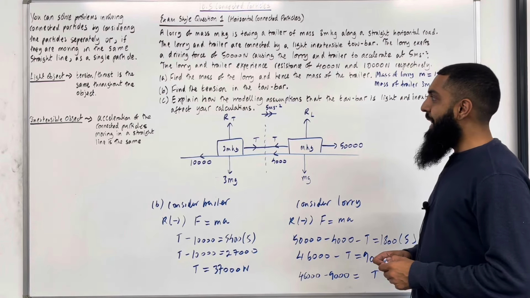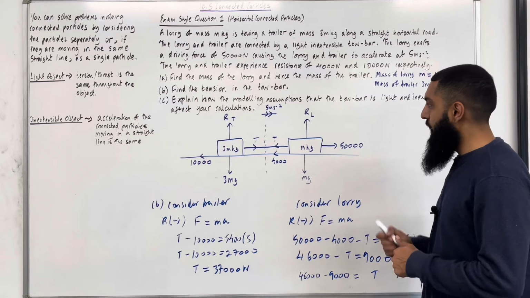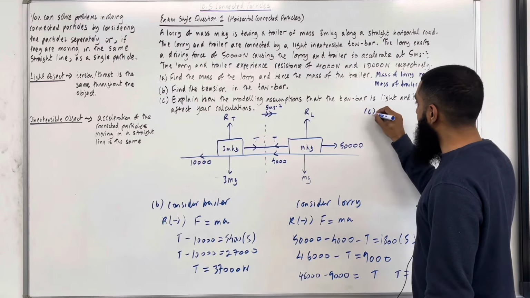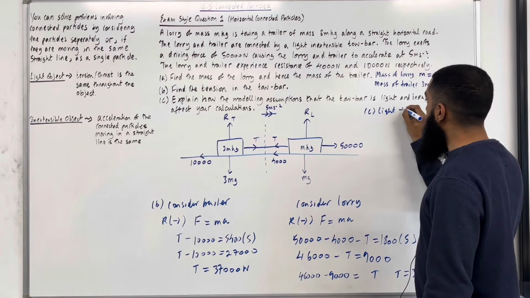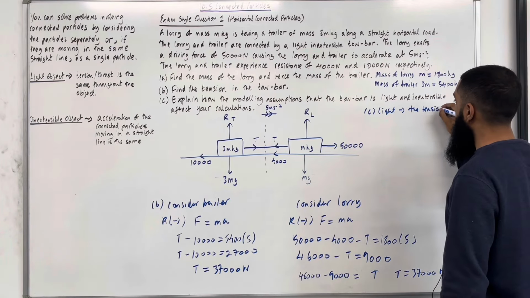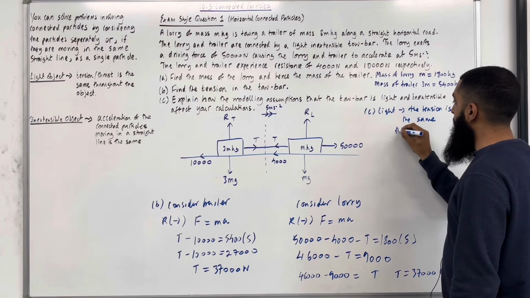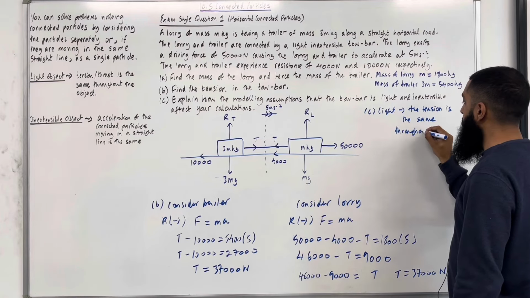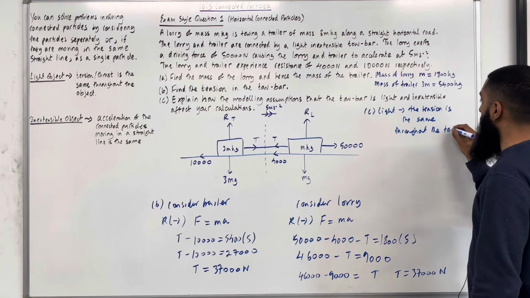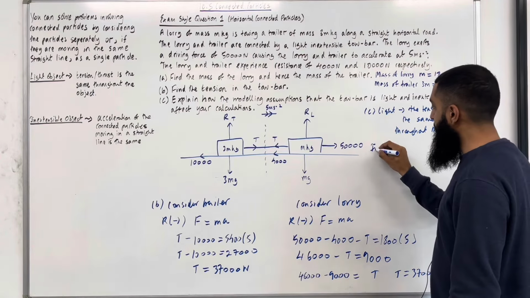Explain how the modeling assumption that the tow bar is light and inextensible affect your calculations. So in part C, let's begin with light. The modeling assumption is that the tension is the same throughout the tow bar. Then we've got inextensible.